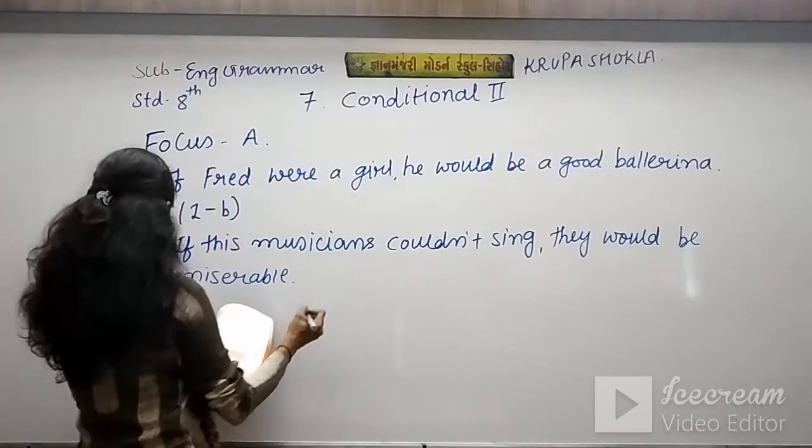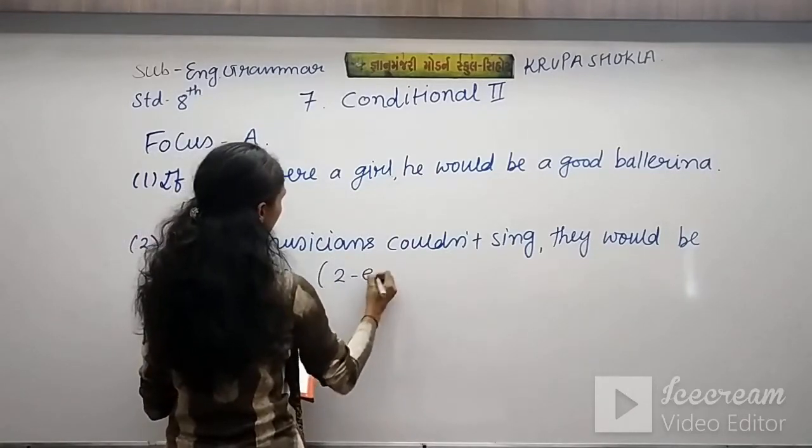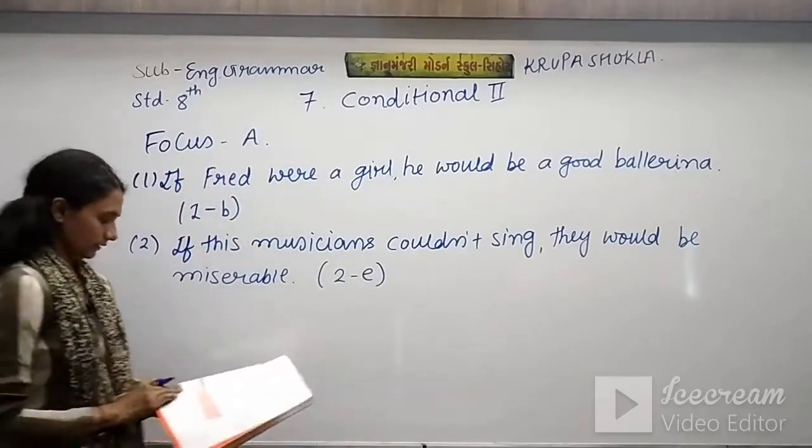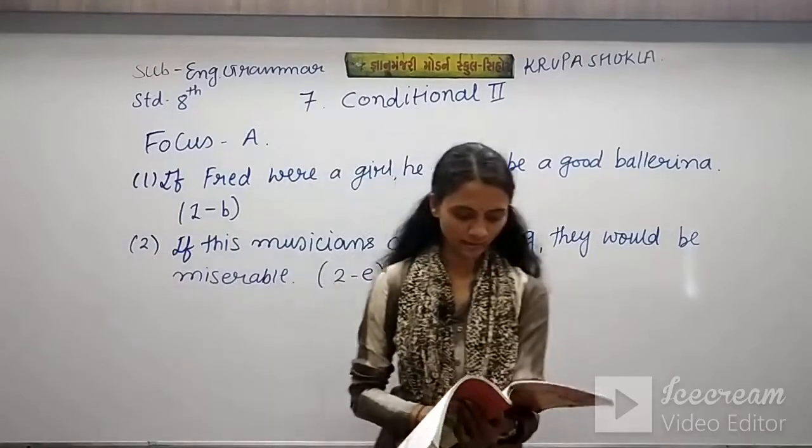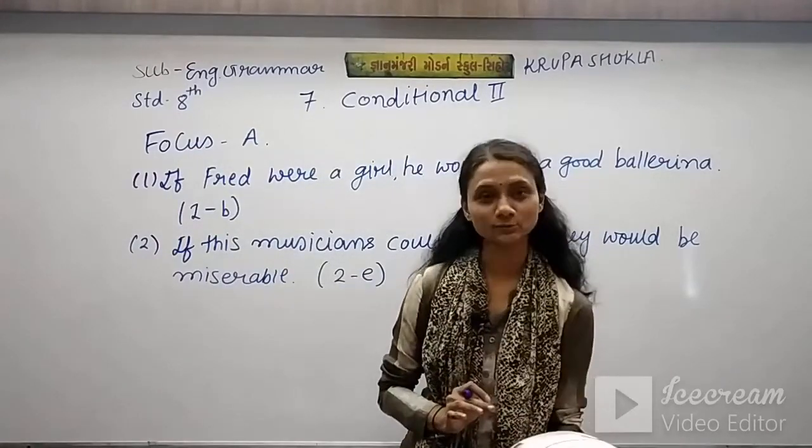And the answer is 2 and E. Number 3 is, if I were an astronaut, I would travel to Jupiter.